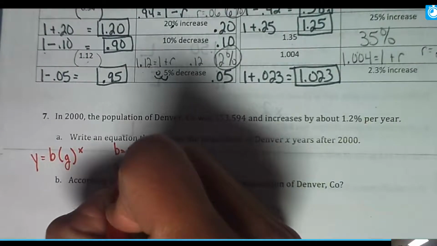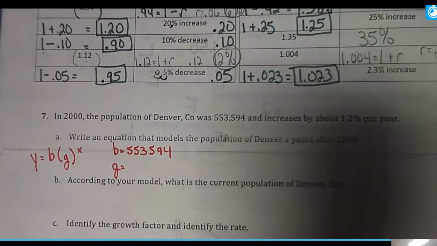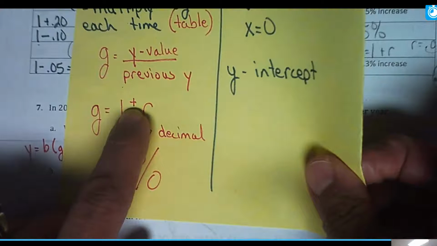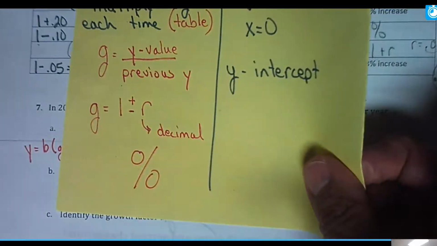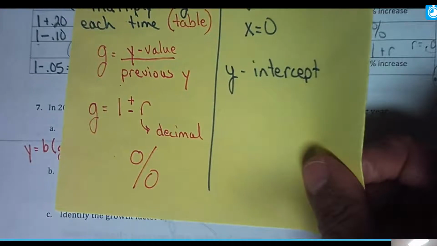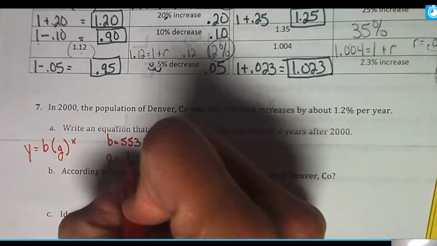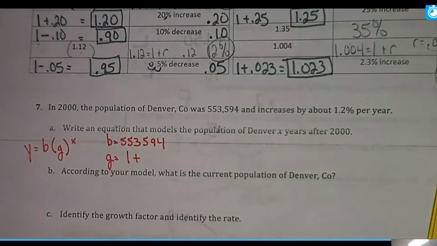So G is not 1.2%. The percent helps you get G. Remember, G comes from when you take 1 and you either add that percentage as a decimal or you subtract. It just depends if it's increasing or decreasing. So what we're going to do is figure out what G is. Because the population is increasing, I will take 1 and I will add 1.2% as a decimal.